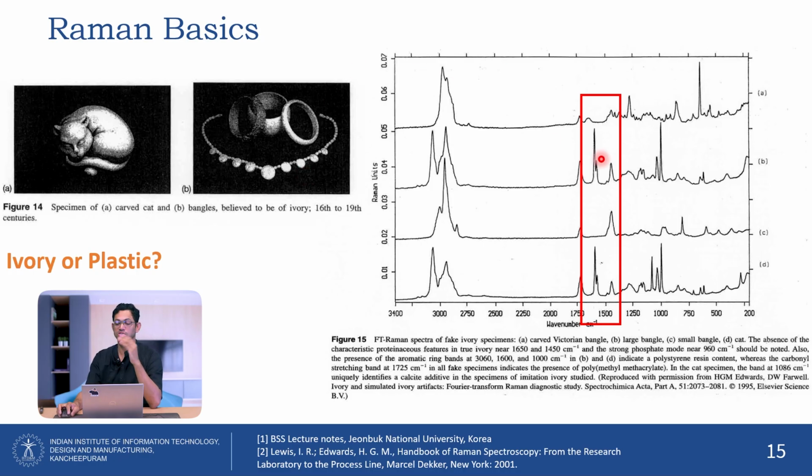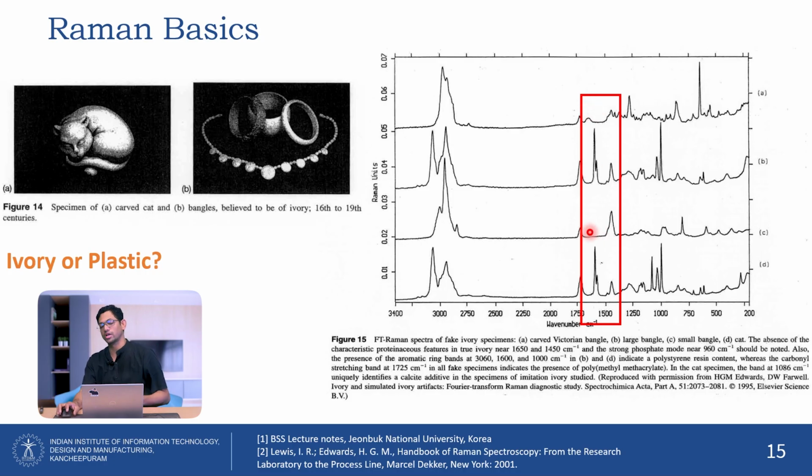So you try to see specific peaks at specific locations. For example, over here at 60-50 centimeter inverse, you can see that for original ivory there would be certain peaks, but for fake ivory there are no peaks over here.